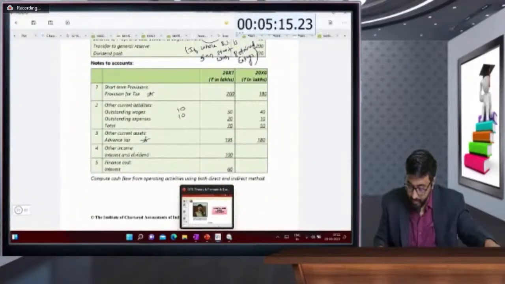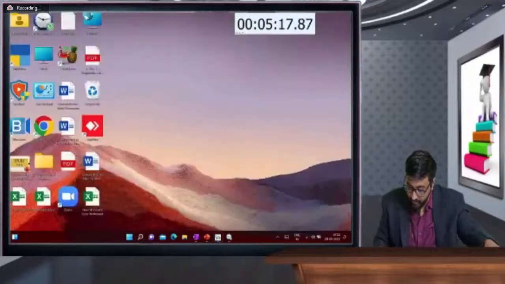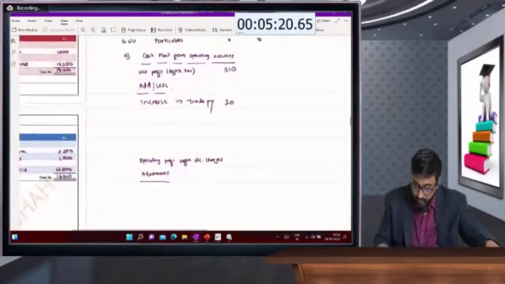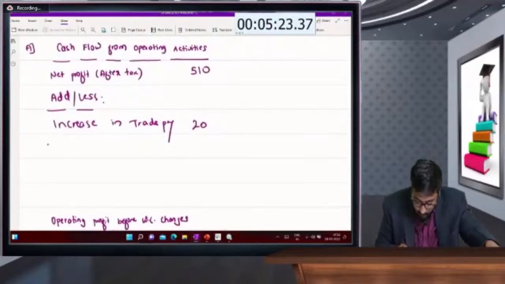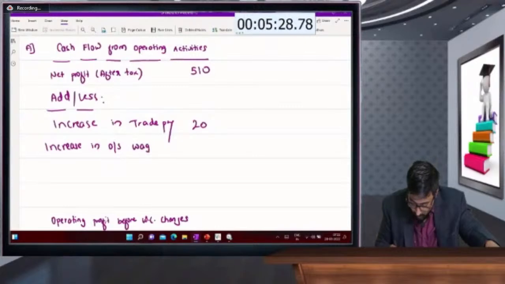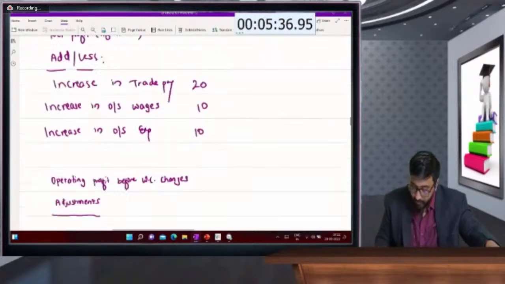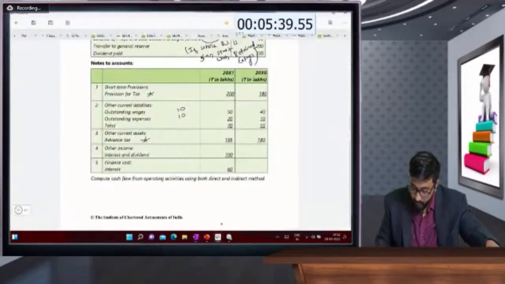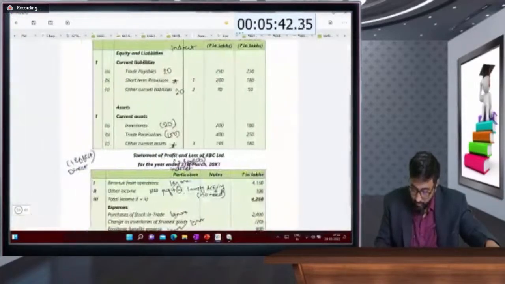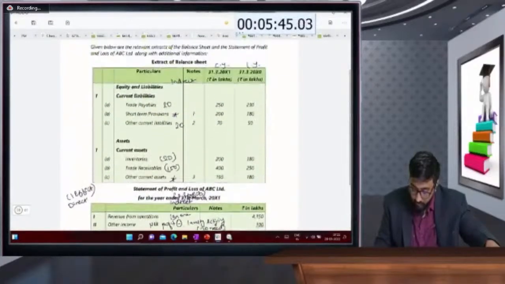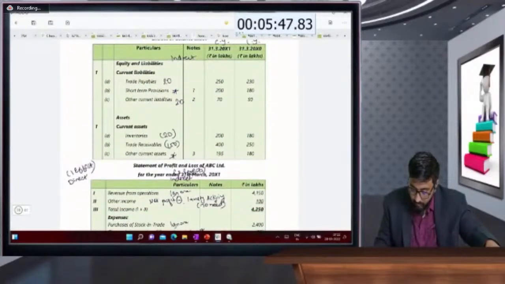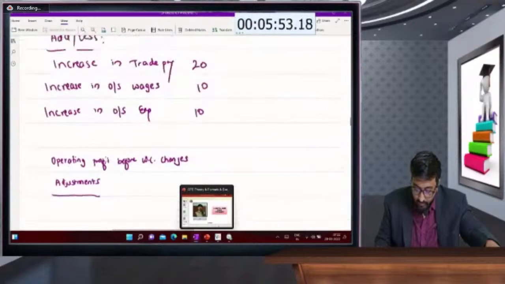Under that, increase in outstanding wages and increase in outstanding expense, 10. Then you have inventories. Increase in inventories.